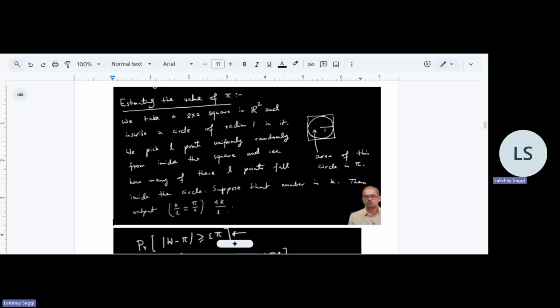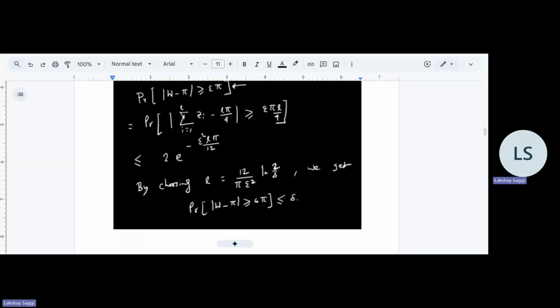Intuitively, this seems like a very nice algorithm. And in the lectures we showed that this indeed is a very good approximation with high probability.